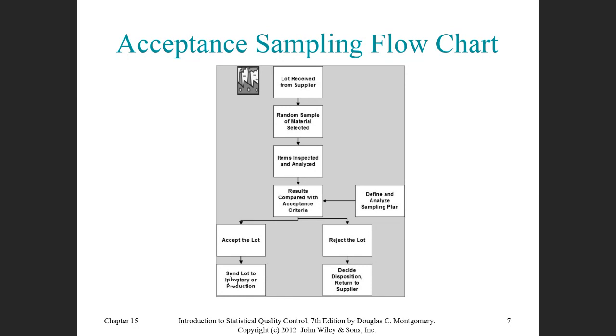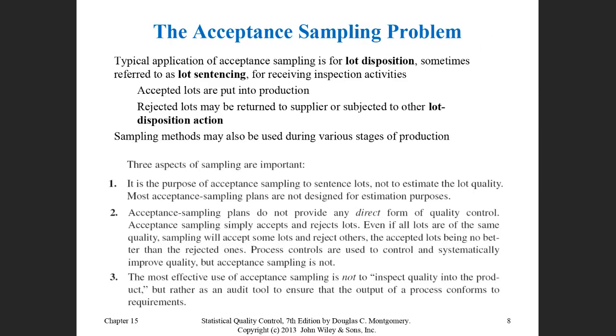The number of samples needed can be defined by you as a factory, based on the cost that is going to be spent, because the testing itself is going to be a little costly.